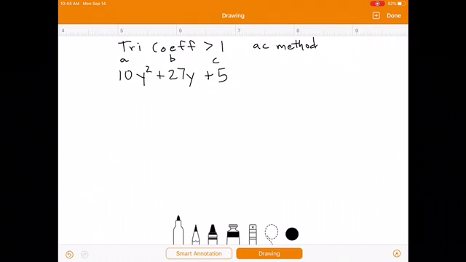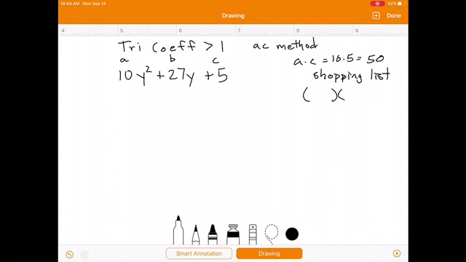So we're going to take A times C, which is 10 times 5, and that's 50. Now we're going to do our shopping list again. This time we're looking for two numbers that multiply to 50, A times C, but once again, when added, they have to equal the B guy, in this case 27.